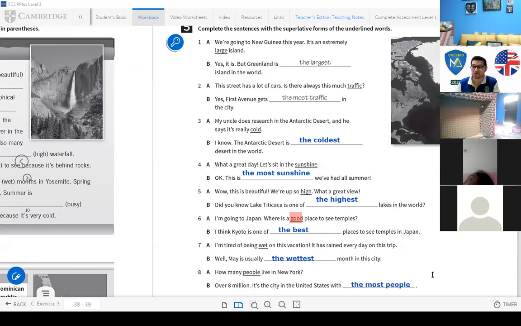Now you have the answers on this part about superlatives. Superlatives, those were really easy exercises, no? Really easy examples. Yeah, do you know? Let's continue. Did you finish? Let's work here. What do you think?